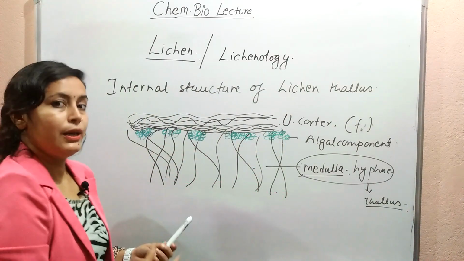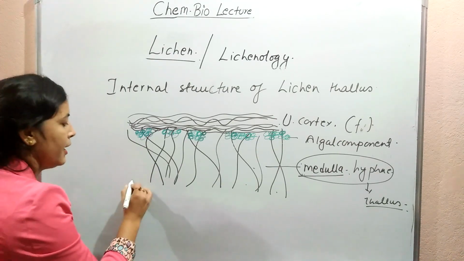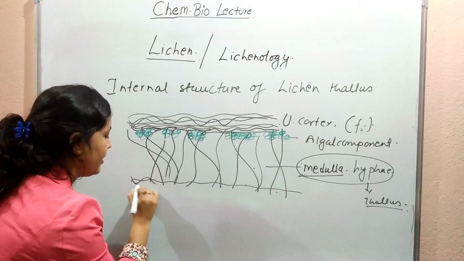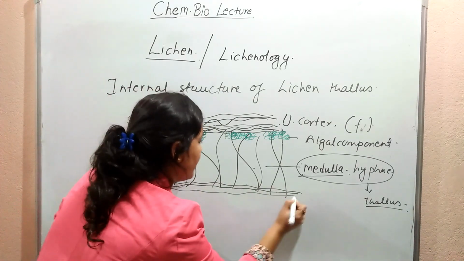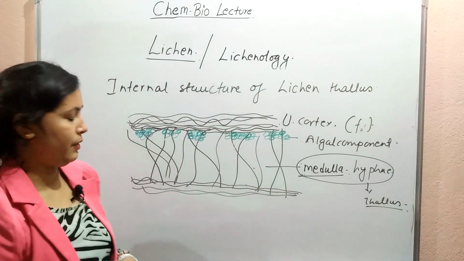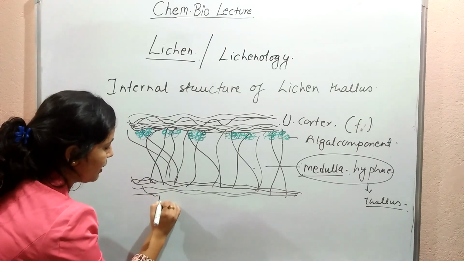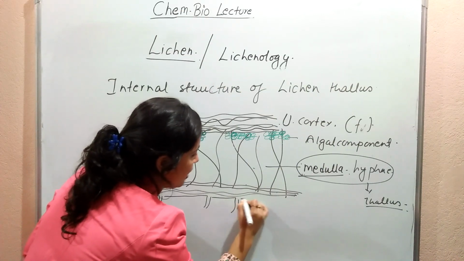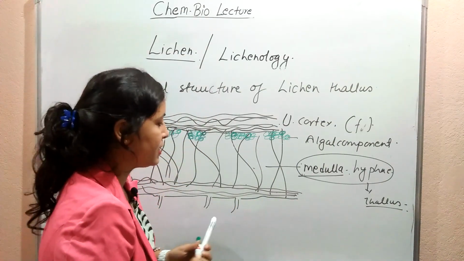Below the medulla region lies the lower cortex, which again consists of compactly arranged hyphal component. Below them lie certain small outgrowths, and those outgrowths help in adhering or attaching to different surfaces.